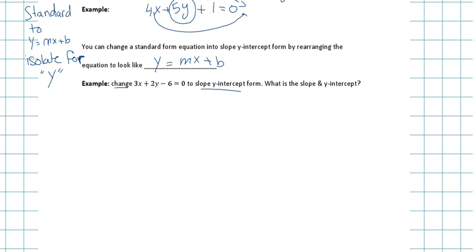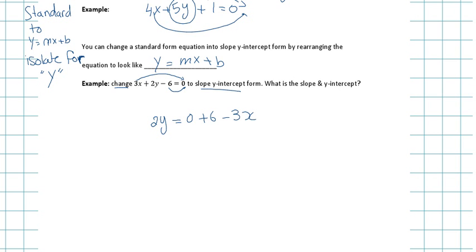What do I get? 2y equals... Keep going. Move everything else to the other side. Plus 6. Okay? So move the 3x over, it becomes negative 3x. Move the negative 6 over, it becomes a plus 6.